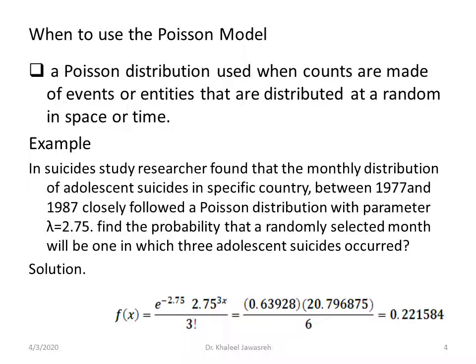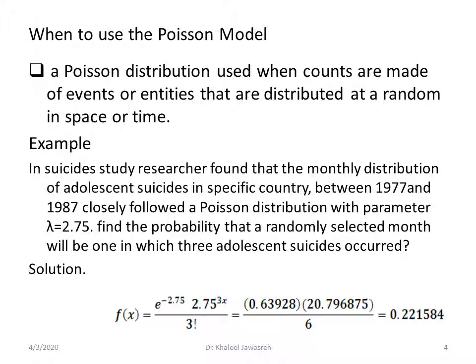You can return to the previous slide and find the value of e, with its power of minus 2.75 as lambda, and 2.75 is the lambda here, and the 3 again. The 3 is in our question: in a selected month, one in which 3 adolescent suicides occur.